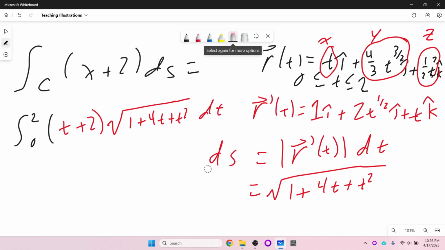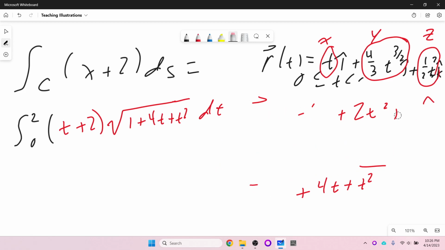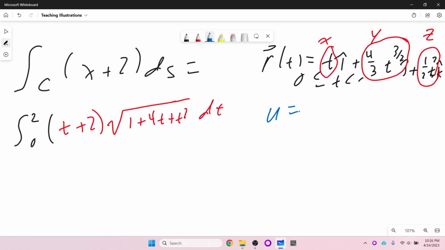And so this is another u sub. We will say u will be the thing under the square root: u equals 1 plus 4t plus t squared. And again, I say this looks like a u sub. If you tried it and it didn't work, you try something else.